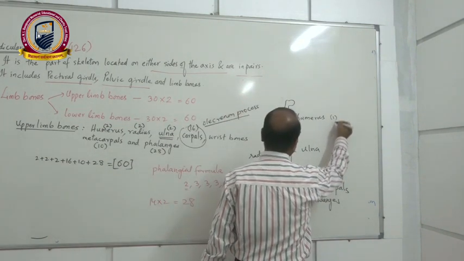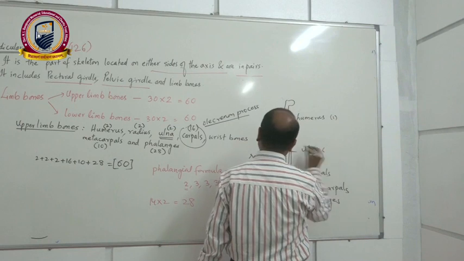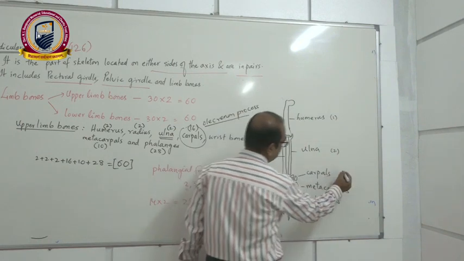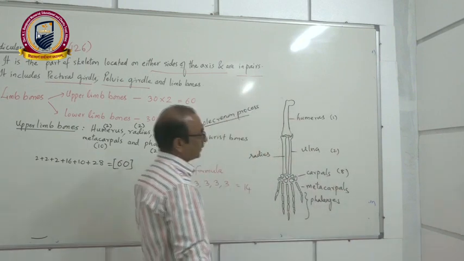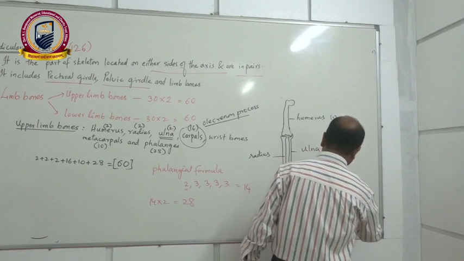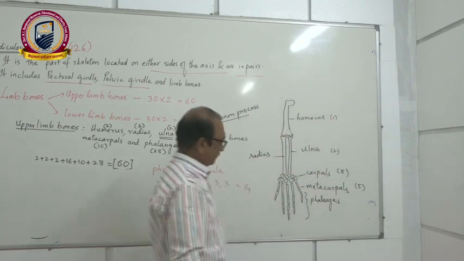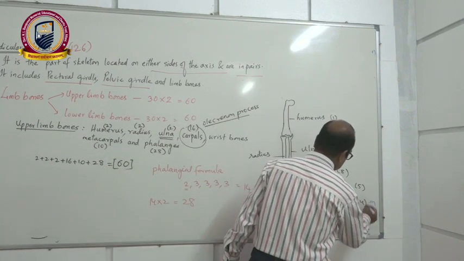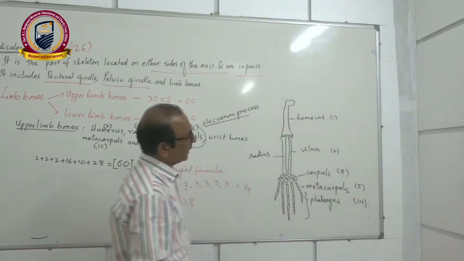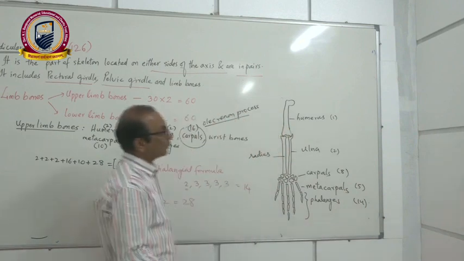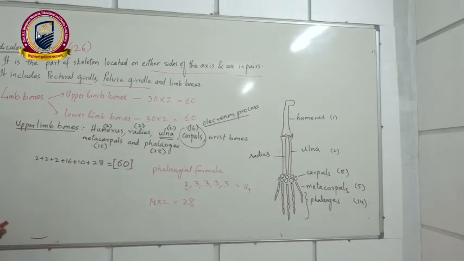This is 1, ulna and radius 2, carpals 8, okay, then metacarpals 5, and phalanges are 14 in number. So if you add up, total 30 bones are there in one upper limb.